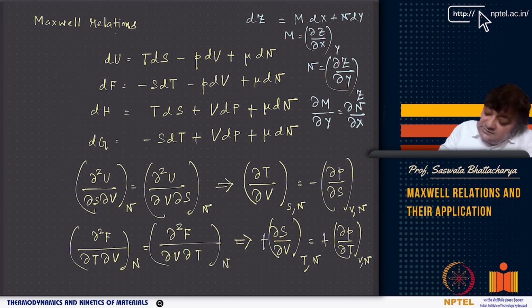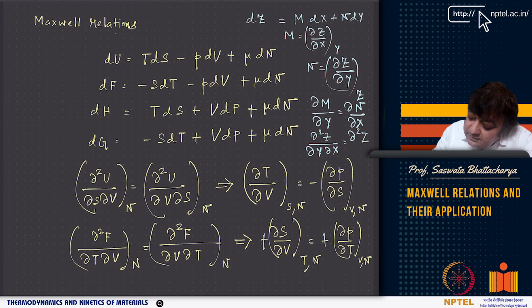That means the second derivative is what we are looking at. So we are saying del 2z del y del x is the same as del 2z del x del y. That means the change in order of differentiation does not really matter if you are dealing with an exact differential.